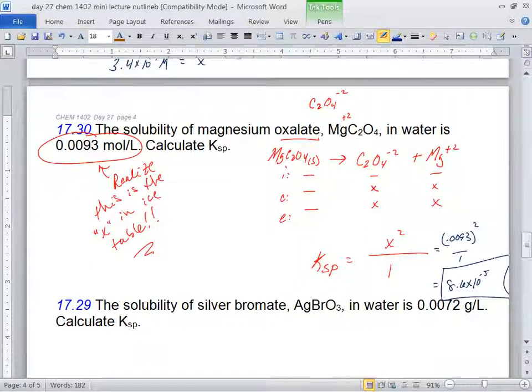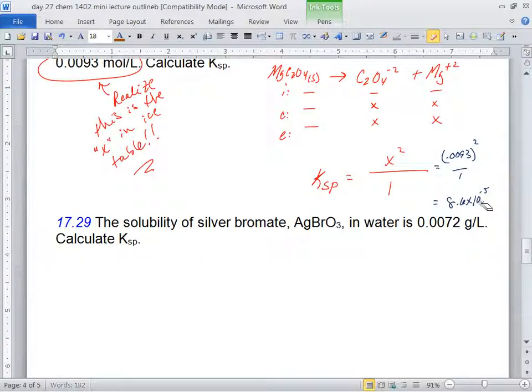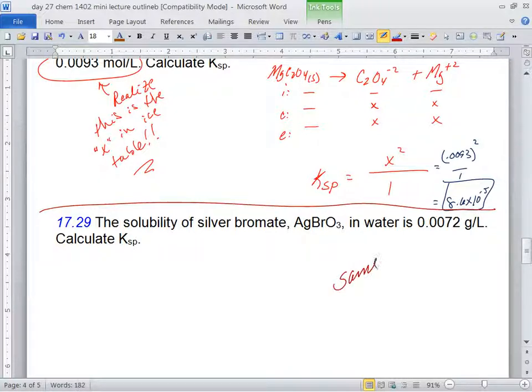Then it'll be the exact same problem. You're going to have to convert it, get that whole X expression again, and then substitute in your X, but it has to be in moles per liter, not grams per liter.